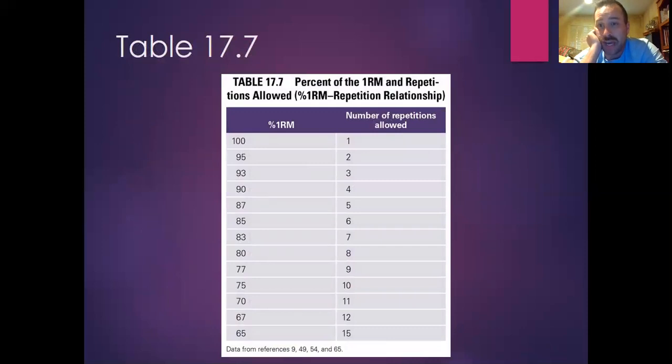When you start to look at it and break down the number of repetitions that you want your individual to complete, think about it this way. And I will utilize this when I'm grading your stuff. If you tell me that you want them to do 93% for 8 reps, that ain't happening.